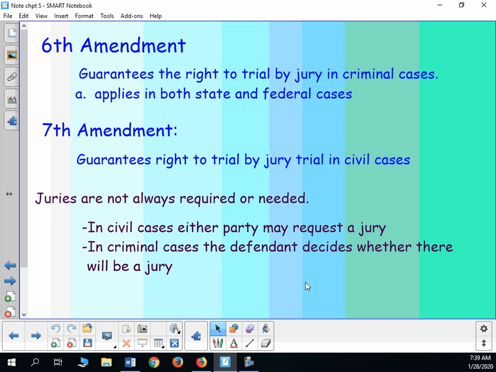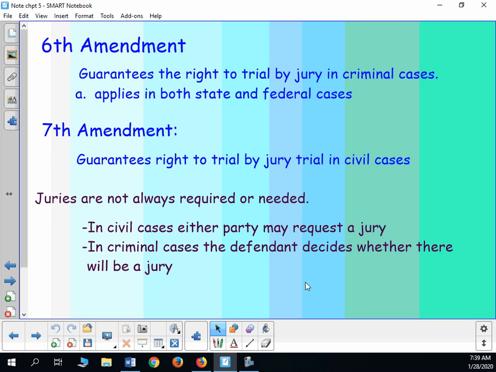Originally, when the Bill of Rights was written, it only talked about federal, but as time has passed, it applies both to state and federal cases. The Seventh Amendment guarantees the right to trial by jury, and not only that, but in civil cases. So we're looking directly at the issue of juries and their importance.